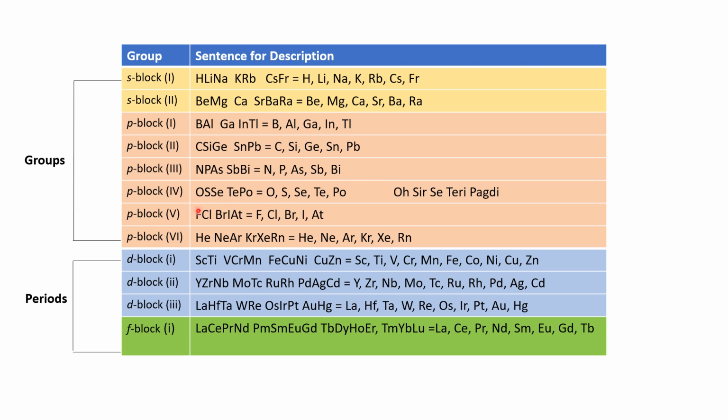Like in the case of the oxygen family, a sentence like "Oh sir se teri pagdi" is being used. In this sentence, "sir" can be misleading because it contains both S as well as Si, and S stands for sulfur while Si stands for silicon, which is from the carbon family. So this can be misleading at times.